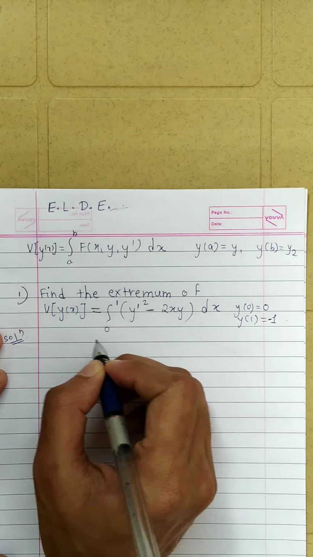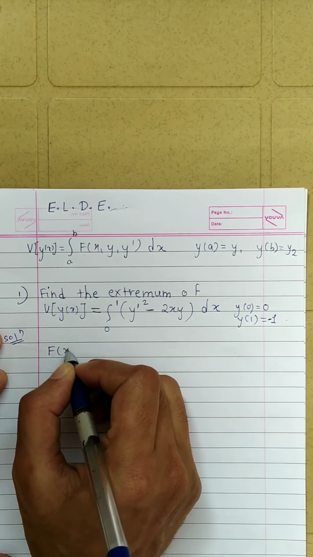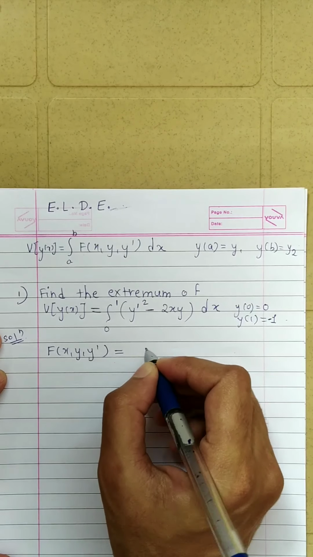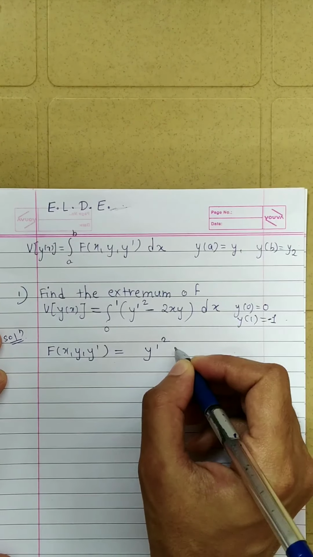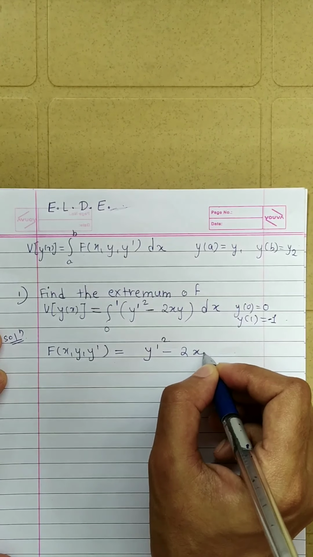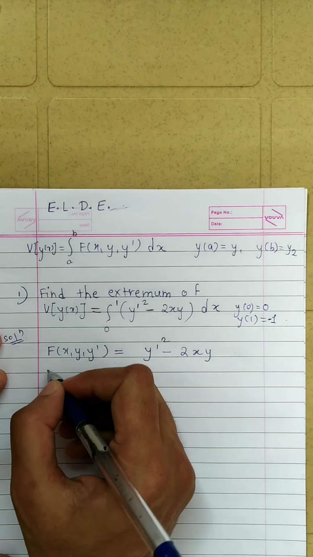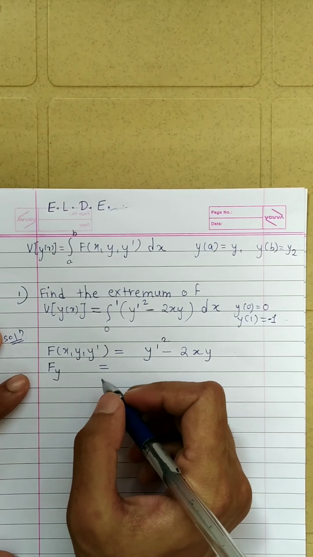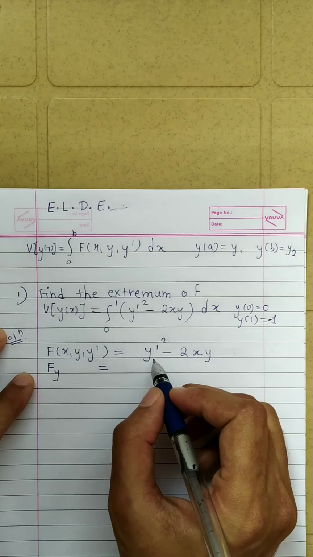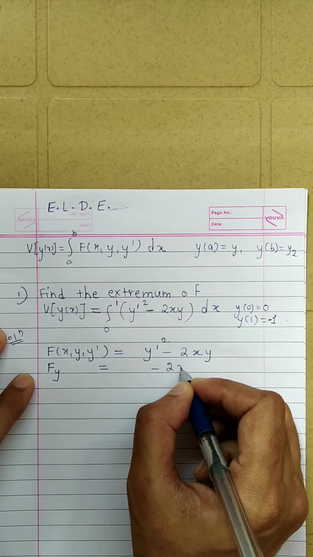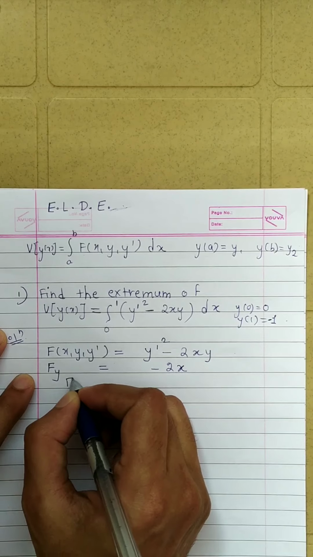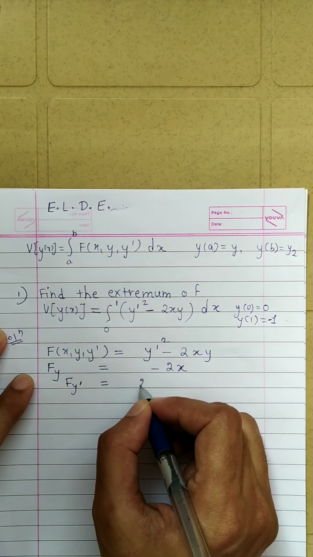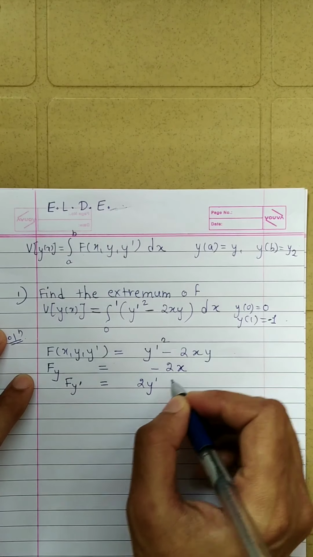So here capital F of x, y, y dash, comparing it with this, is given by y dash square minus 2xy. Then f y, that means differentiating f with respect to y, will be given by minus 2 into x, and differentiating f with respect to y dash will be given by 2 times y dash.